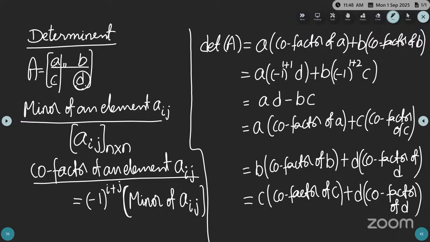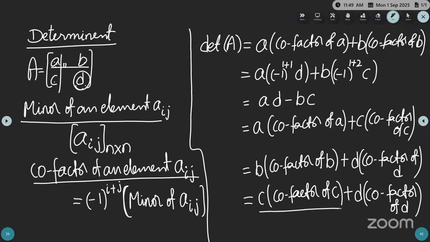Determinant of any square matrix is the sum of products of any row or column elements, either A, B or A, C or B, D or C, D, with its corresponding cofactors. Please write that.